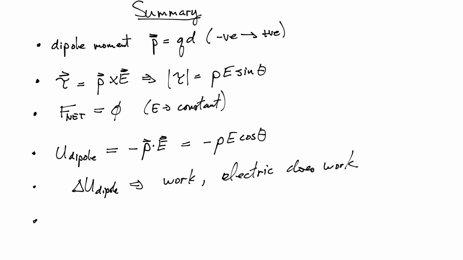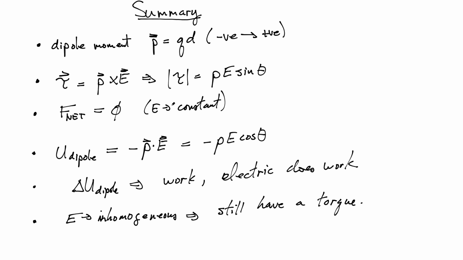The last thing we looked at was placing a dipole in a field that was inhomogeneous, so it wasn't constant. And what we found in that case is you could still have a torque depending on the orientation of the dipole moment with the electric field.